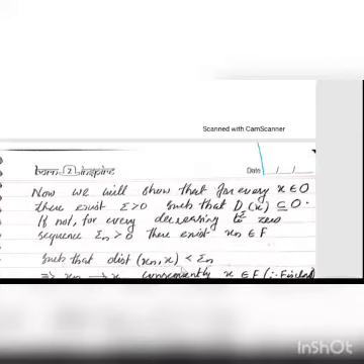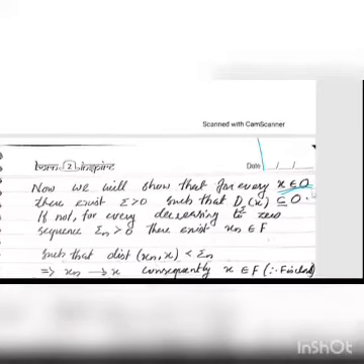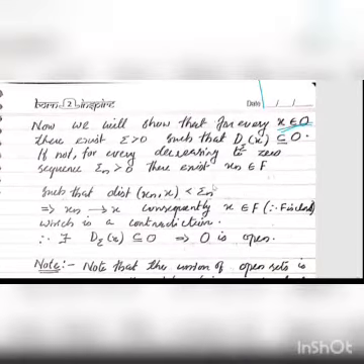Therefore, since F is closed, this x should belong to F, which is again a contradiction since we assumed that x belongs to O and O is the complement of F.